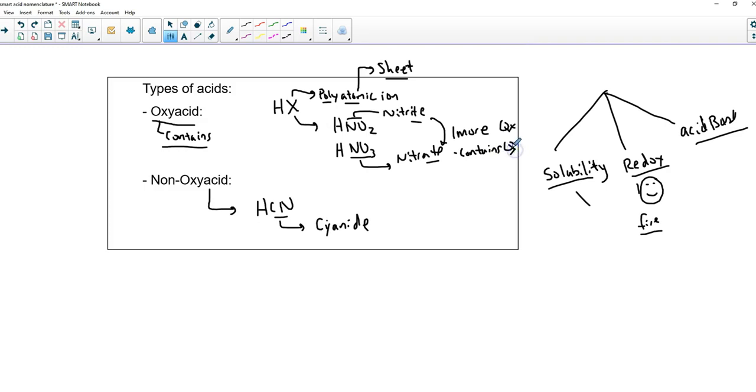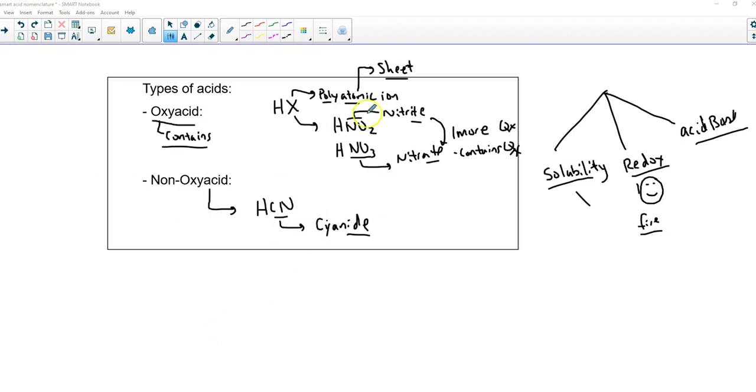It's oxy. So if you see something that's "-ate," you should be aware that this thing contains oxygen, and it's going to be an oxyacid. If you see something ending in "ide," then you realize there's no oxygen present, so I'm going to use the non-oxy rules.